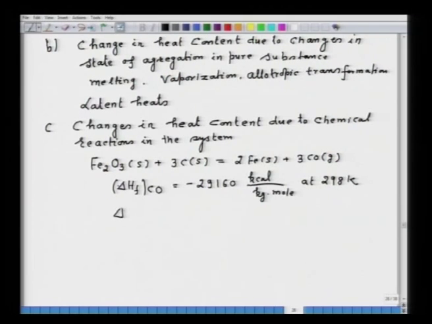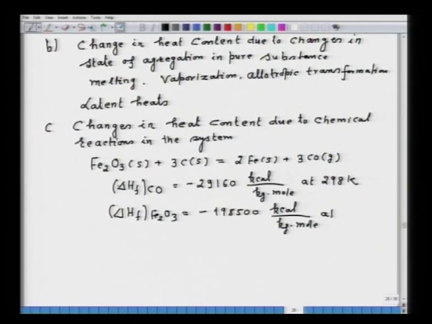Similarly, delta HF Fe2O3, that is equal to minus 198,500 kilocalorie per kg mole.